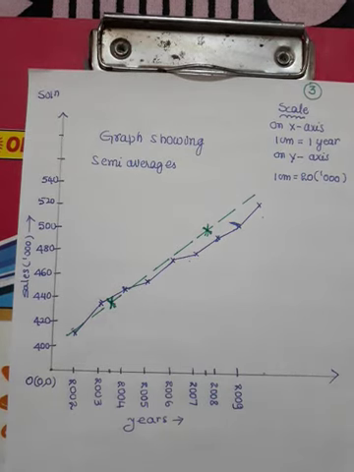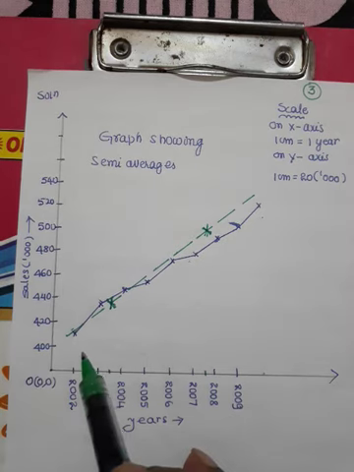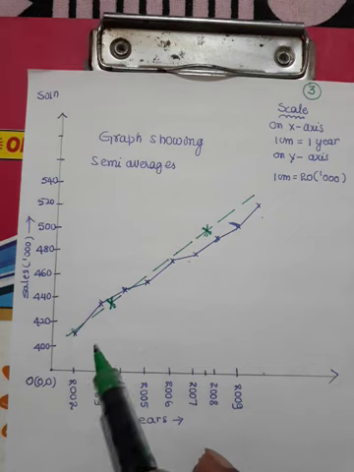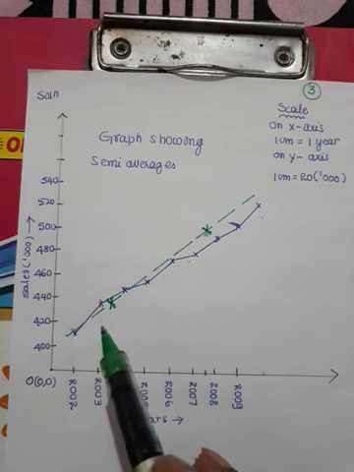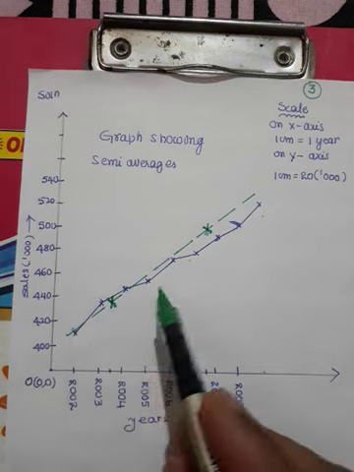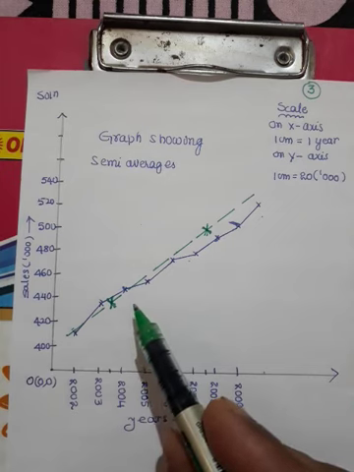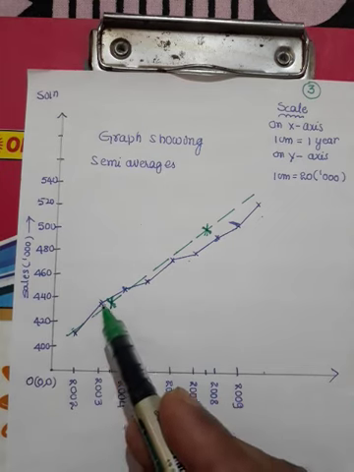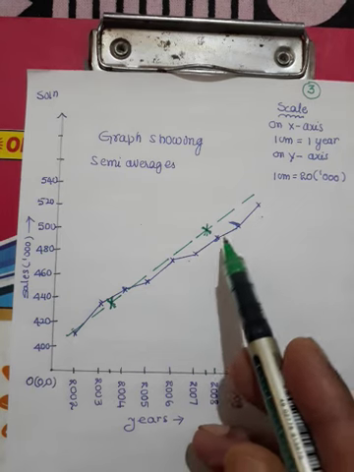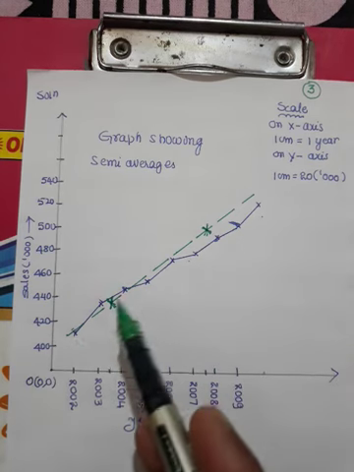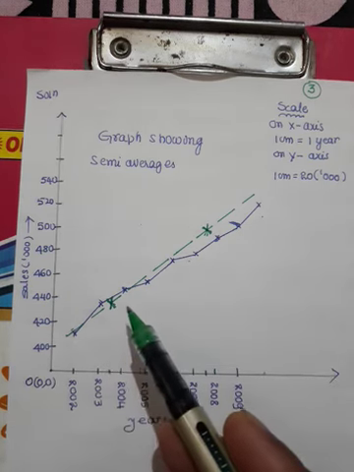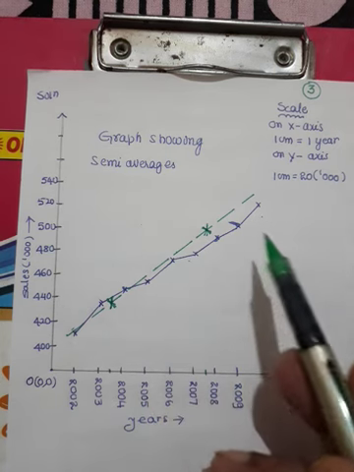Firstly, we have to obtain a histogram. By plotting the given paired values of the time series, we get points on a graph sheet. By joining those points, you will get a zigzag curve, which is called the time series graph, or technically, the histogram.